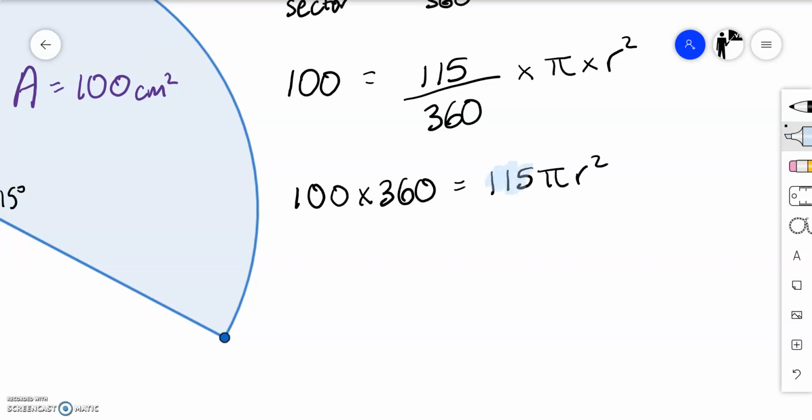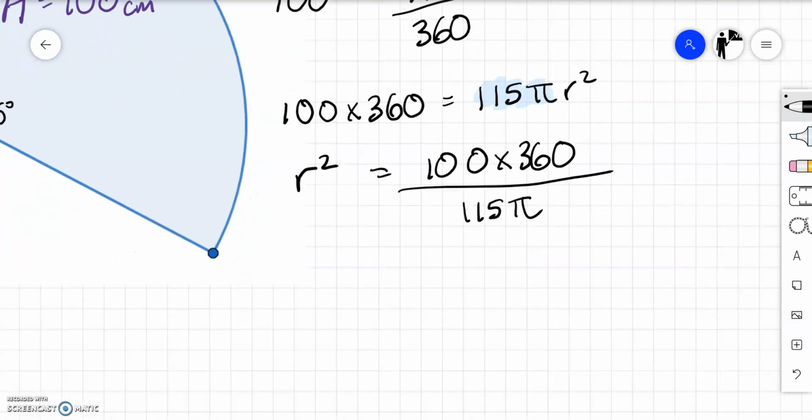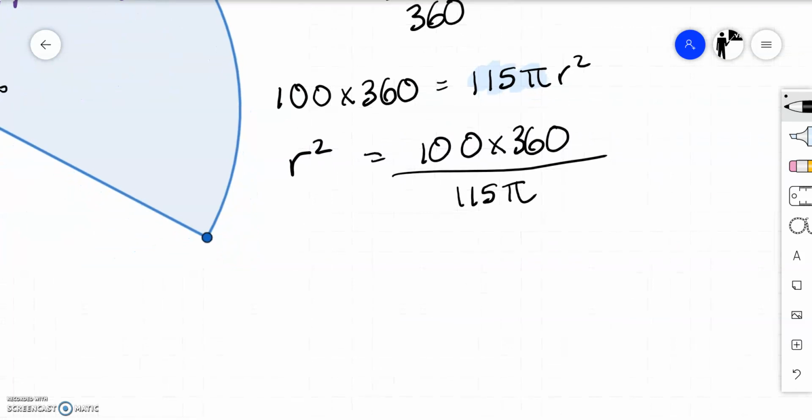We want to get r squared on its own initially, so we'll divide both sides by 115 pi. That's going to be 100 times 360 over 115 pi. That's what r squared is. I want to work out the radius r. So we'll need to take the square root.